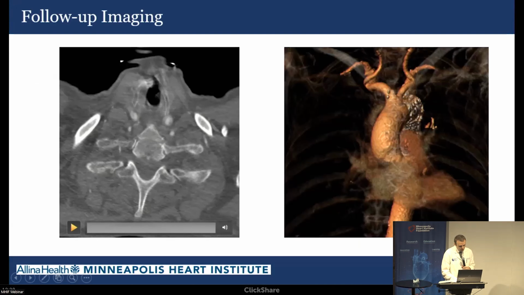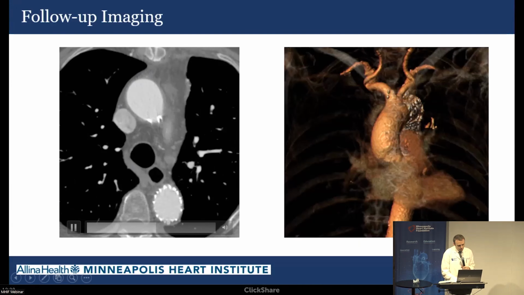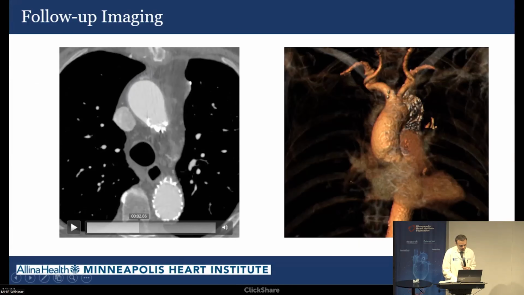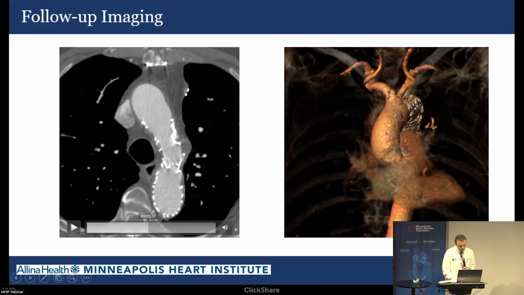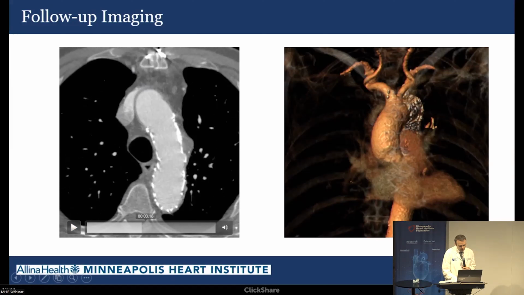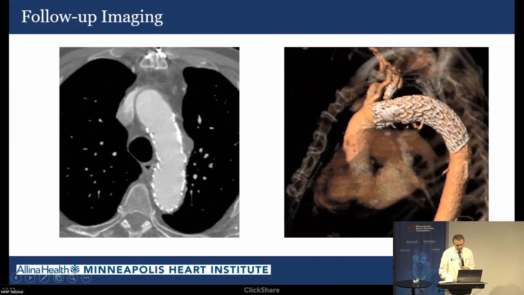And this is his 1 month follow-up CT scan, which shows the left subclavian artery portal. Let me back up and I'll show you the actual PAU. The PAU right there is thrombosed and totally excluded. And a 3D reconstruction of that same CT scan.